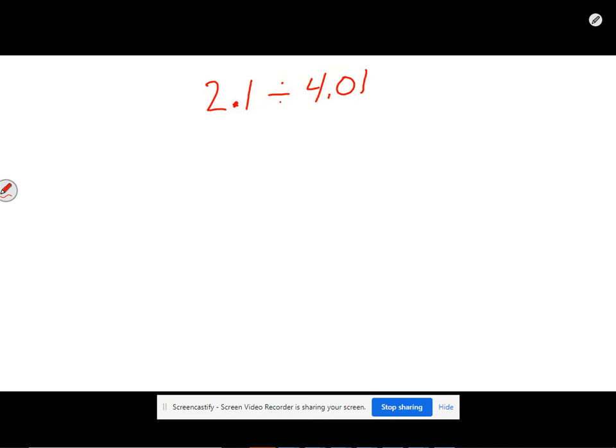So this is the number that we put under. 41.01, like that. So it's 2.1 divided by 41.01. So you put that on the outside.